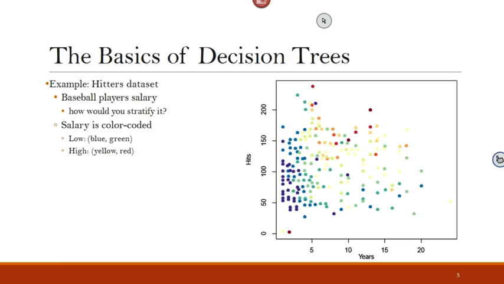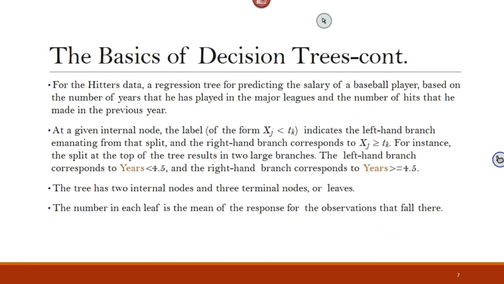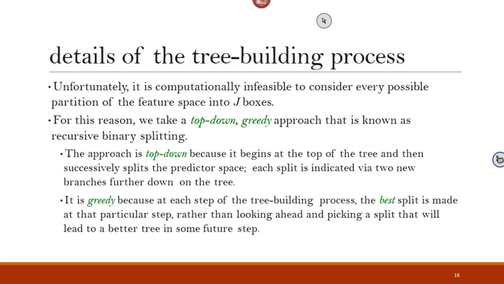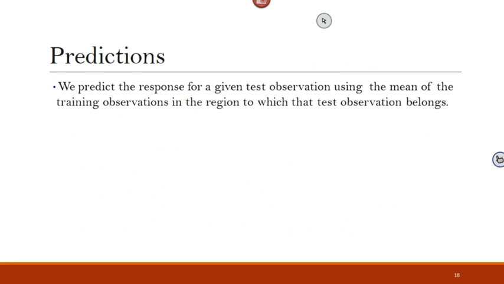Yes? It seemed like in the beginning of the trees that each internal node was based on one predictor. If you were to make a bigger tree when you only have 2 predictors, I'm assuming you can use the same predictor to make multiple splits? Yes. If you select a predictor, it doesn't mean that you can't select it again.